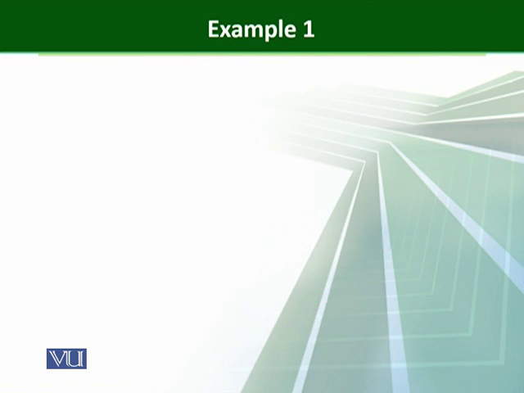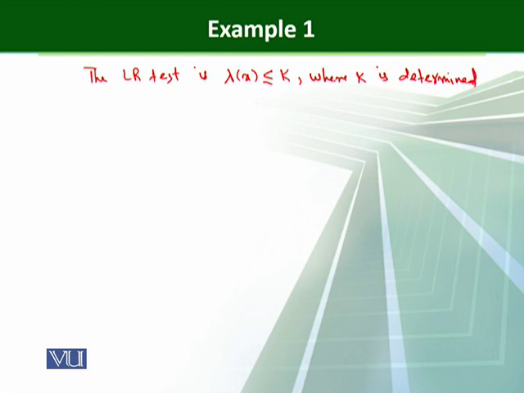Next, we have to determine the rejection region of the likelihood ratio test. The likelihood ratio test is: lambda x less than or equal to k, where k is determined by the size condition.